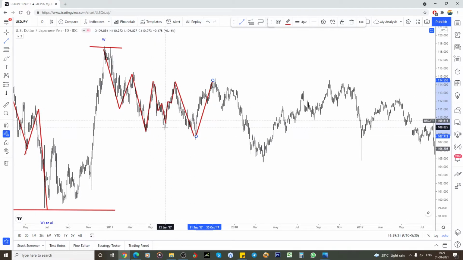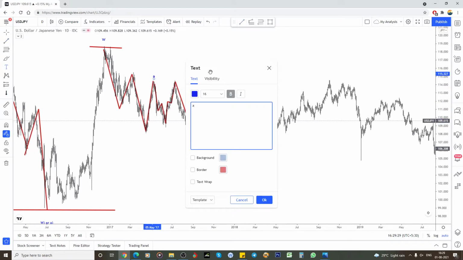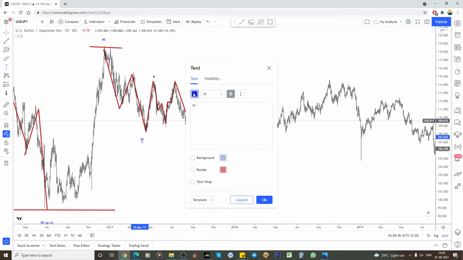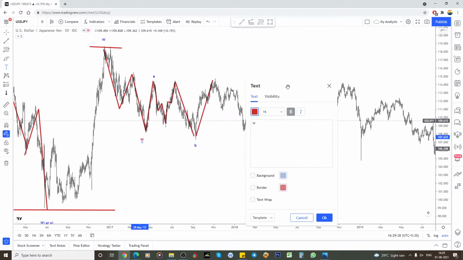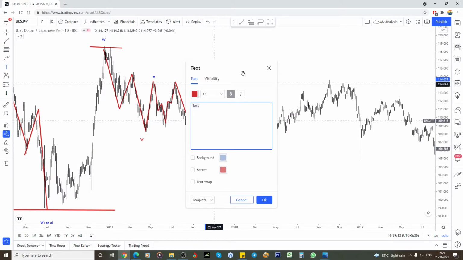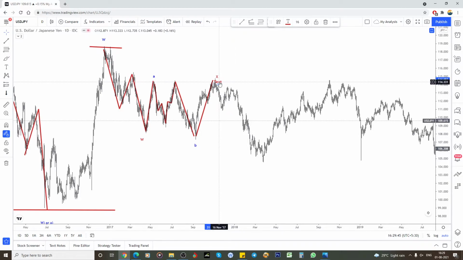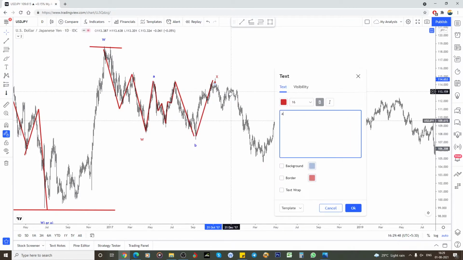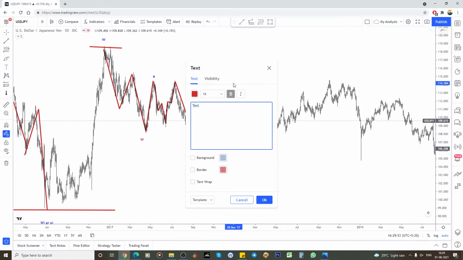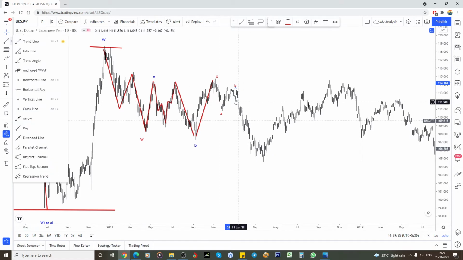This ABC is a B, and this is an impulsive wave C. So that means still this is a B. So this is a kind of W here, and this is the X. Here it's a... and here it's the B and C wave.